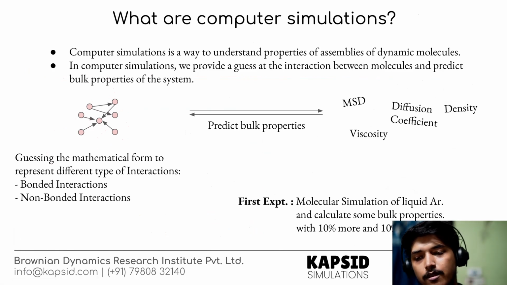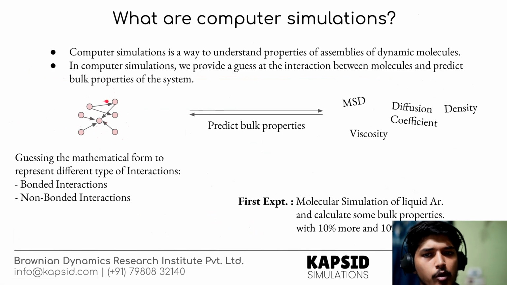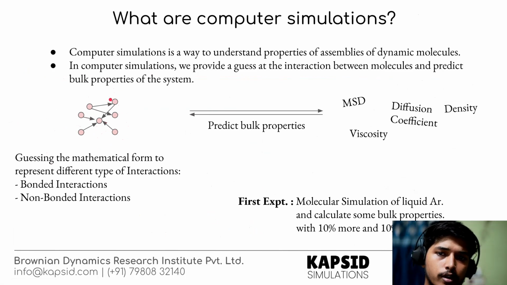Now, what is the actual guess that I was talking about here? If you think properly, how do we find in a real system what amount of force one argon molecule exerts on the other argon molecule? There are theories around it, but are those theories 100% valid in the real world?